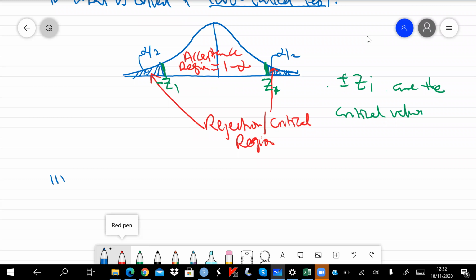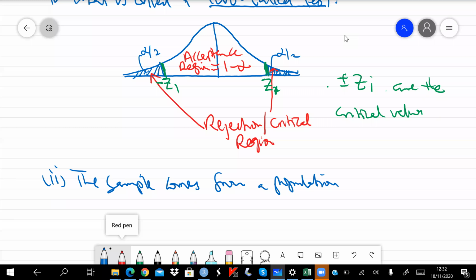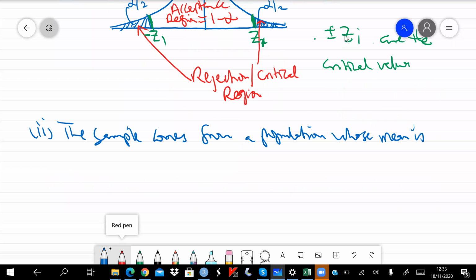The second possible meaning is that the sample comes from a population whose mean is greater than mu naught.